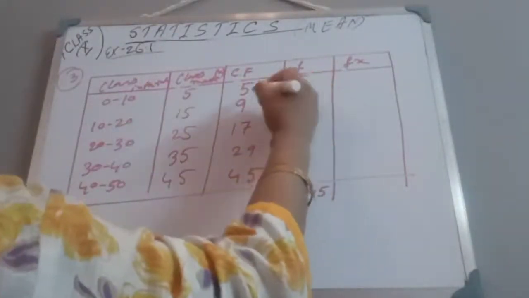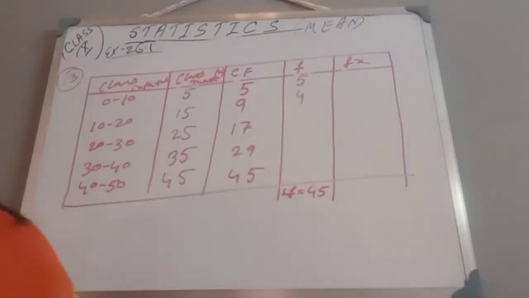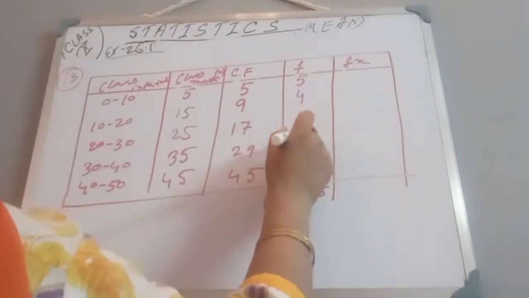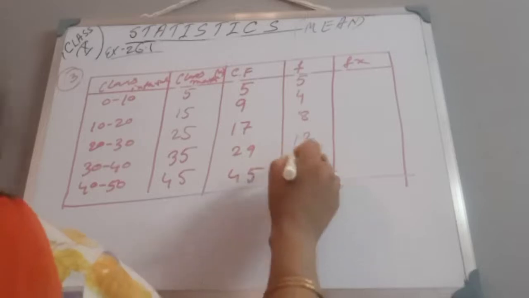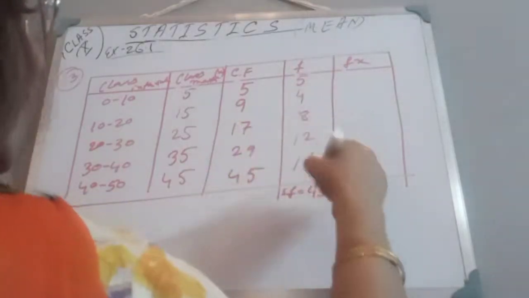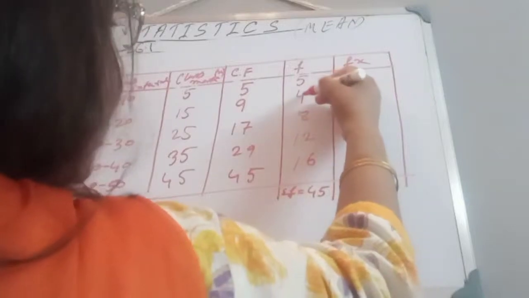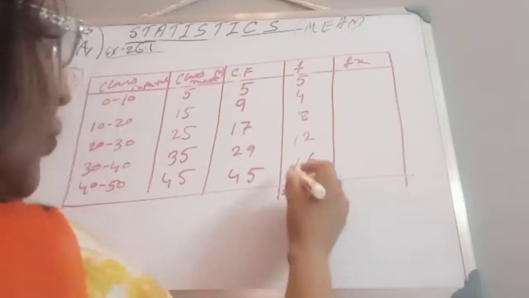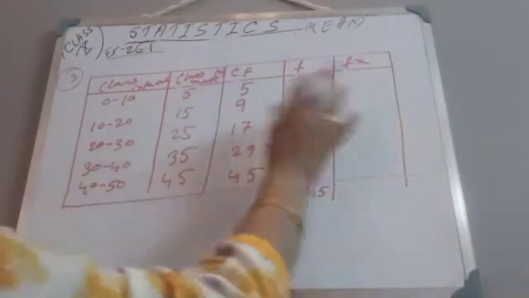Since this is 5, so 9 minus 5 we will write as 4 for frequency, and then 17 minus 9, it will be 8, 29 minus 17, then it will be 12, 45 minus 29, again we will get 16. Now add this. 6 plus 2, 8, 8 plus 8, 16, 16 plus 4, 20, 20 plus 5, 25, 25 plus 12, 45. Now that means this is correct.